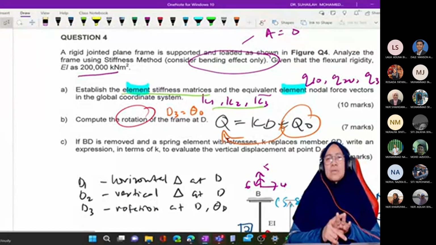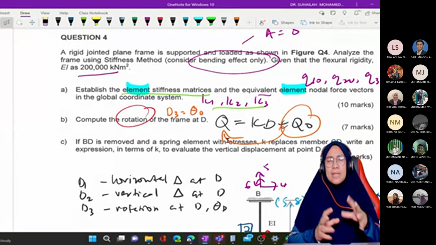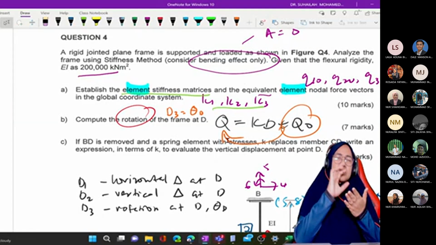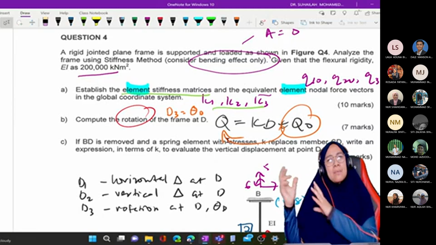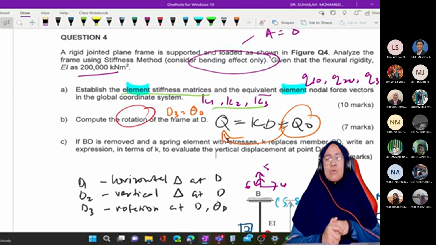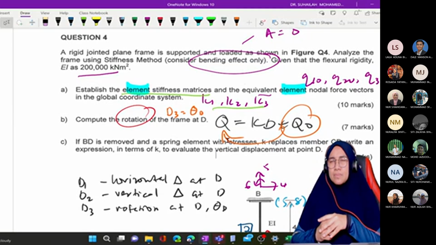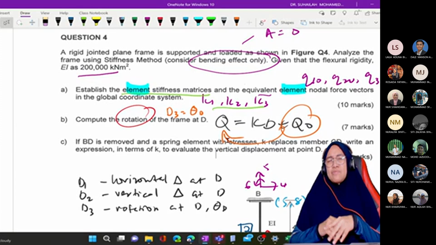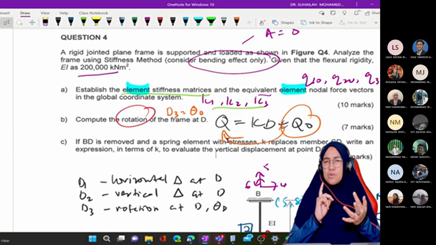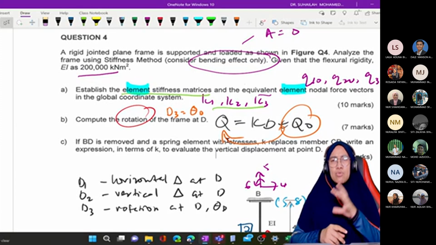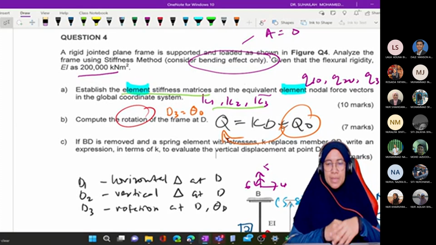Basically for frame, even if I don't explain, you should be able to do it, because frame is 75% like beam analysis. Truss is about 25% only because of C8, because of coordinates. But Q is more similar to beam.